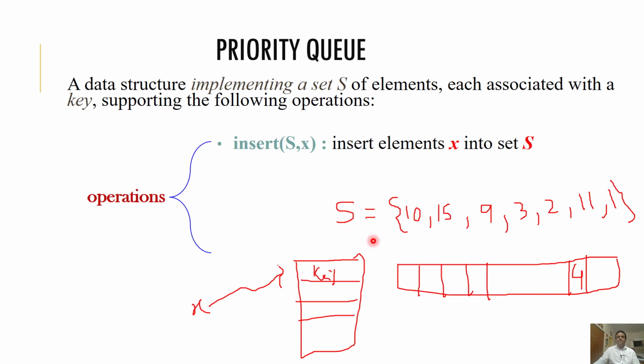Then we want to have an increase key value. Suppose this is the key value of some record. Now this got changed, suppose a student got more marks in the next semester. So this 9 will become some larger value, so we have to go and change it. This is called increase key of a record or of an element.